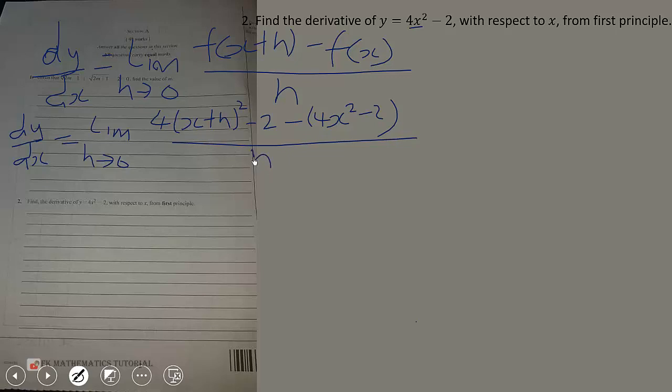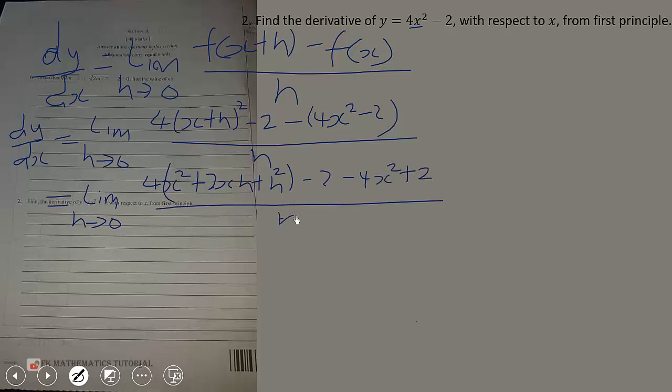So we have to make sure that we simplify to obtain the limit as h approaches 0 of 4 into bracket x squared plus 2xh plus h squared, minus 2. Then we have minus 4x squared plus 2, all over h.